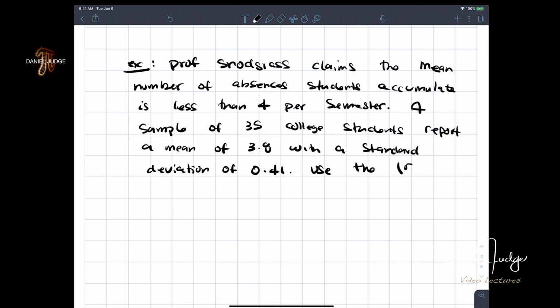Use the 1% level of significance to test this claim.